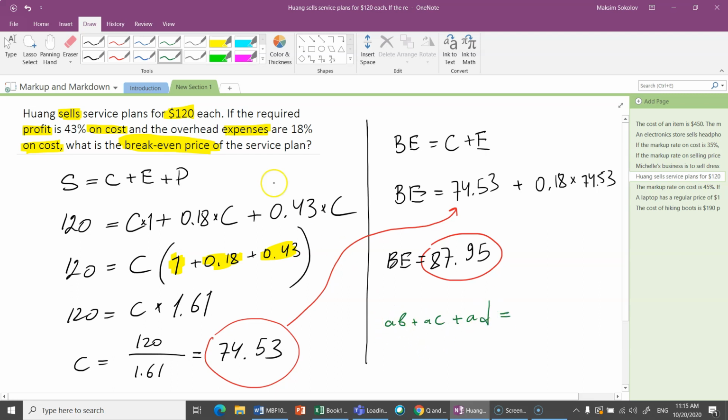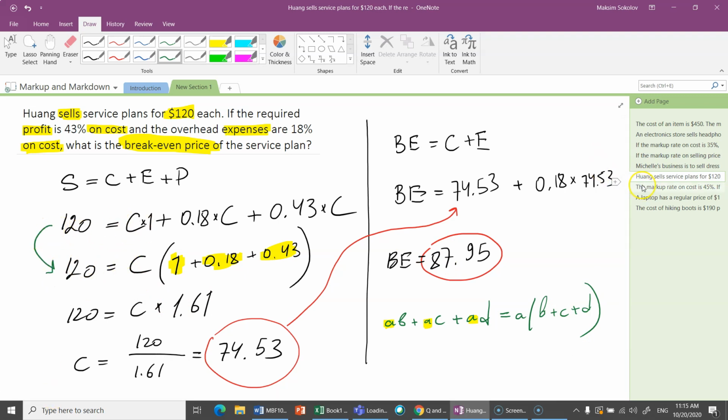We have the same factor here, AB plus AC plus AD, and we can factor it out the same way as we do with two terms. Like so. And that's exactly what we used here.